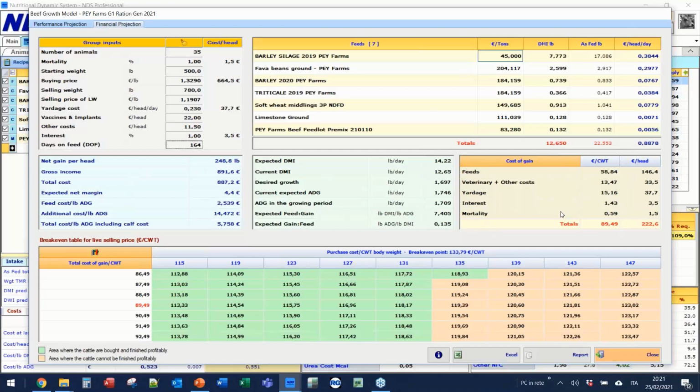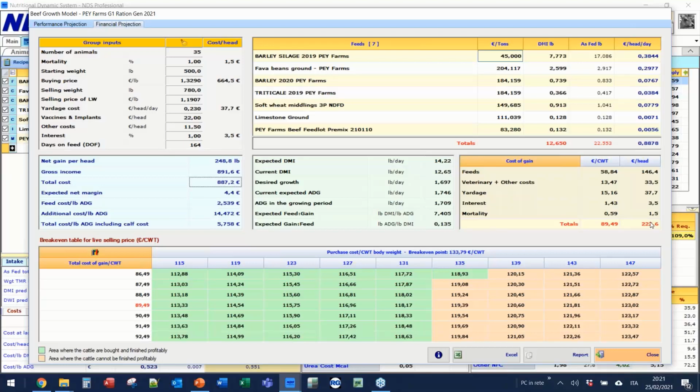All this information is summarized in this light blue or azure section, where we report the net gain per head in terms of pounds during the days on feed, the gross income, the total cost, including feed, including all other costs, yardage, everything, and including also the cost of the calf.